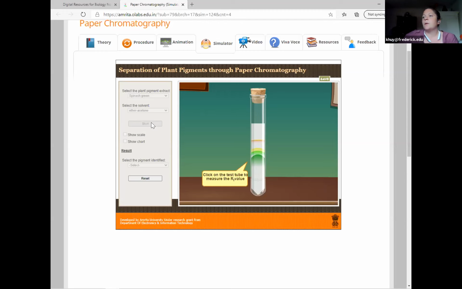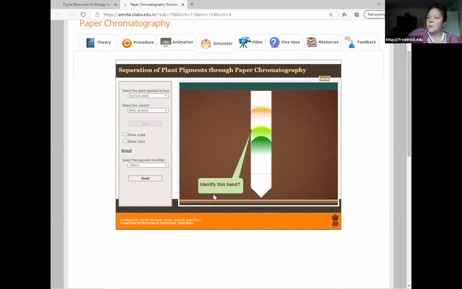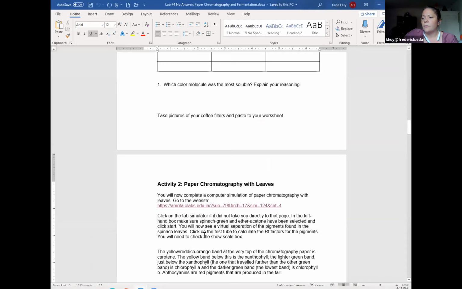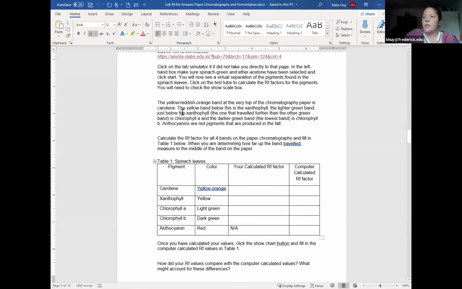Separating. Okay, so we're going to click on this test tube to find our RF values. Before they give you that information, you have to identify the band. So where's that information for you? You have to go back to your lab manual. Okay, you're going to have this table 1 that has your pigment and your chemical, and here it has the color that you're looking for.